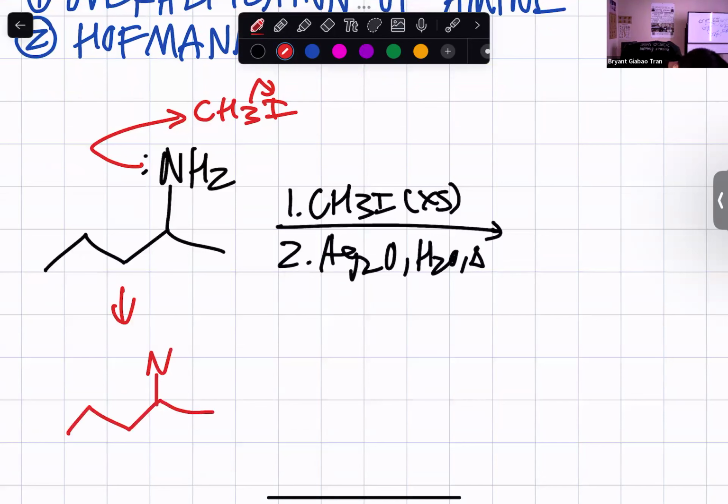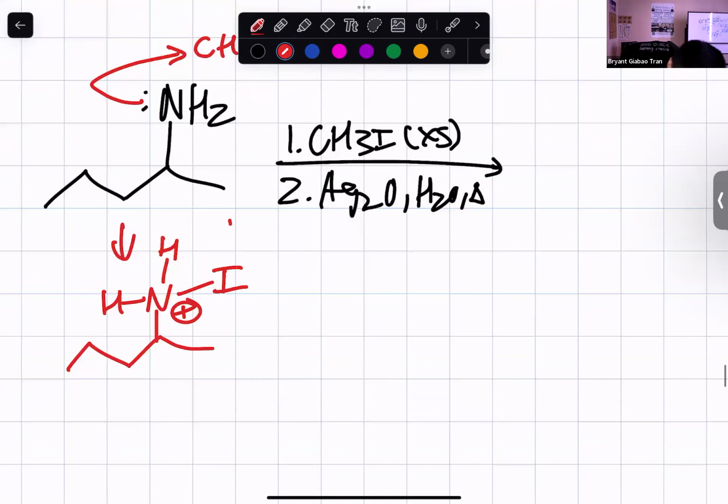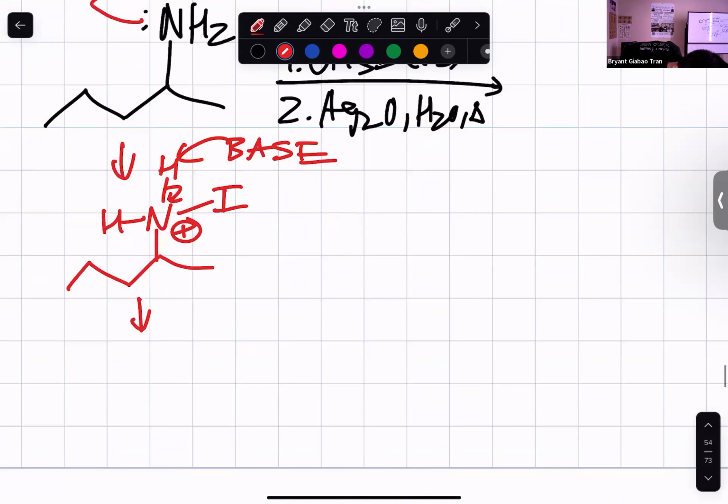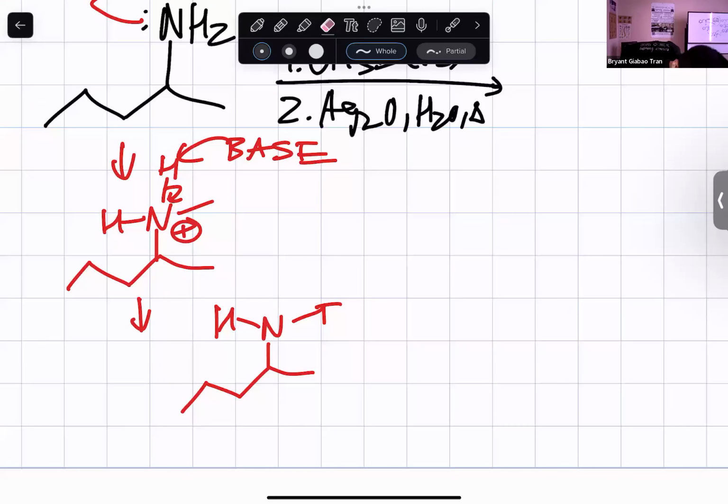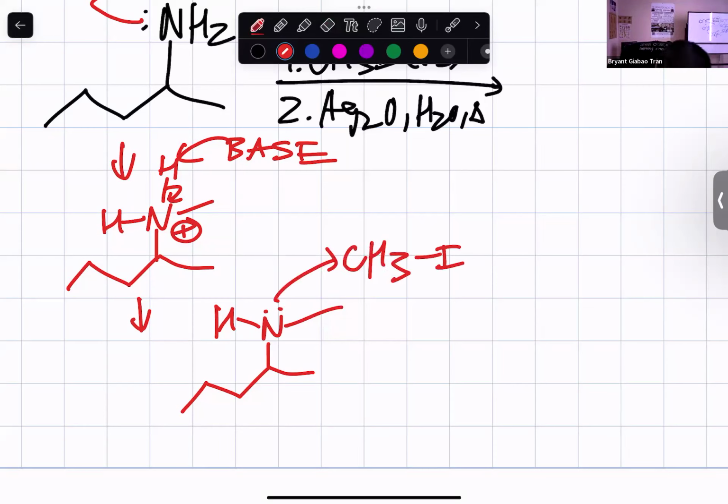When that happens, we're going to have this intermediate right here, where this nitrogen is positively charged, right? But the base that we have in the reagent is going to come in, deprotonate and neutralize the nitrogen to give it a pair of electrons. And when it gained a pair of electrons, it's going to be a nucleophile again and attack another CH3I to get this intermediate.